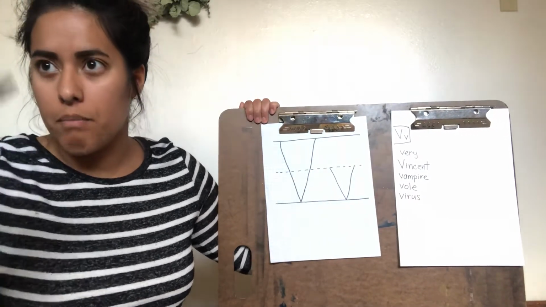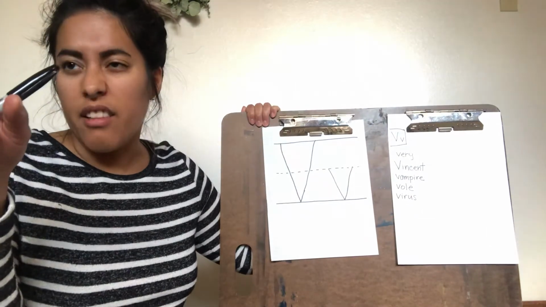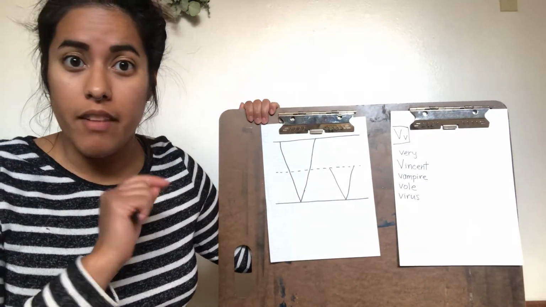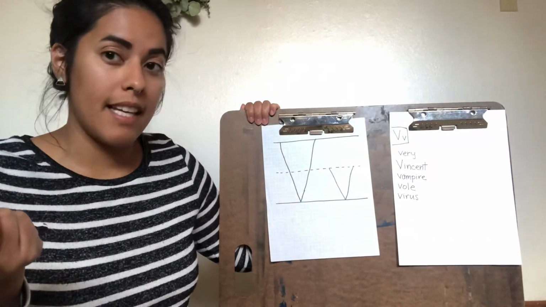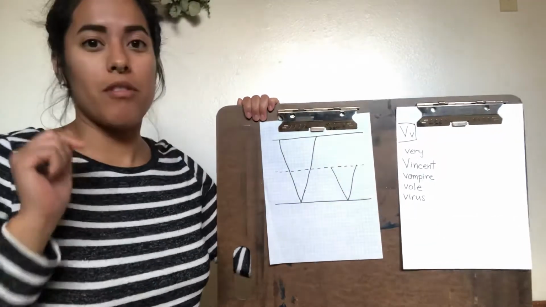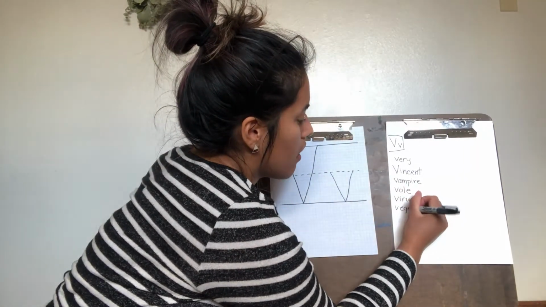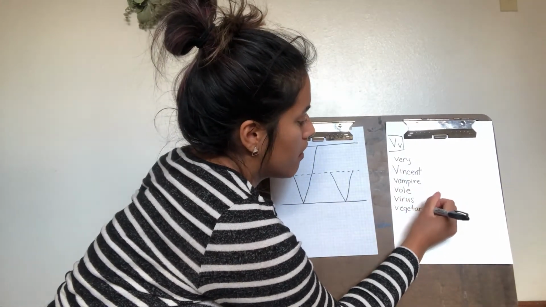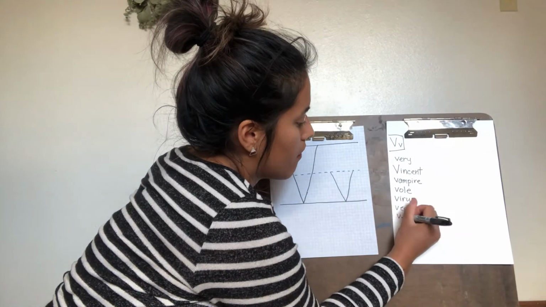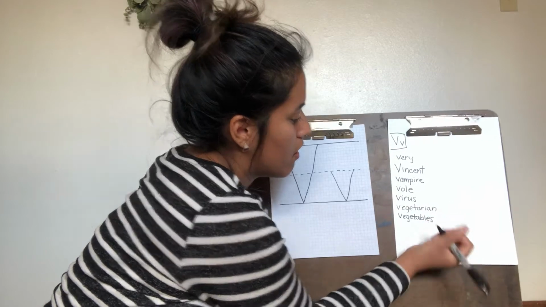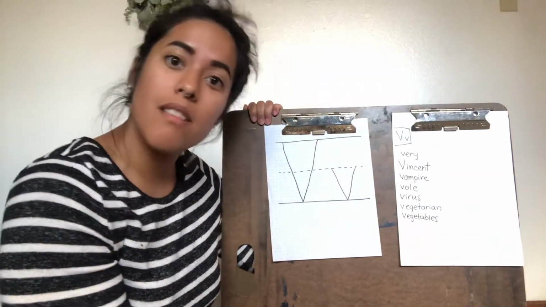Ooh, okay, I'm looking at my books and looking at the titles, and I see the word vegetarian. Now, what do vegetarians mostly eat? Vegetables, okay? So we can add both of those words. Vegetarian and vegetables. Or another word for vegetables is veggies.